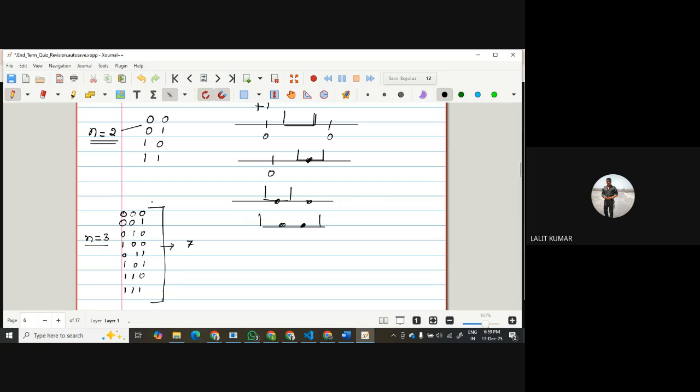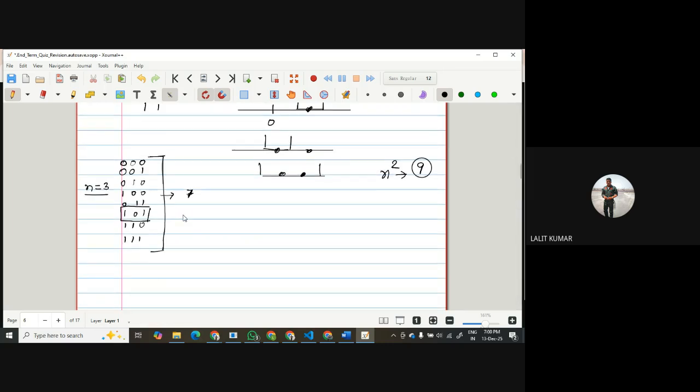Earlier with n square I had 9 possible labelings, but here the labeling 1 0 1 will not be possible. So only 7 labelings are allowed.